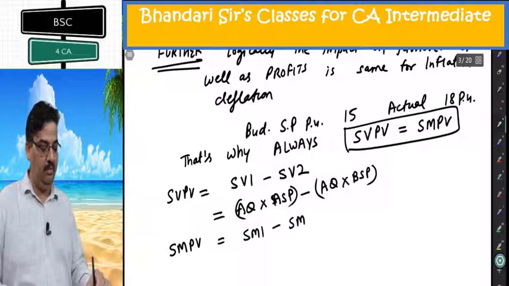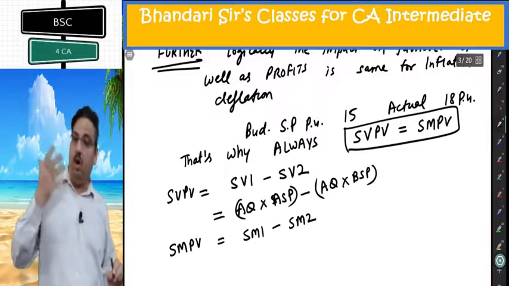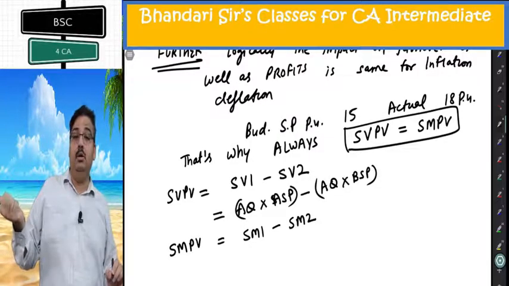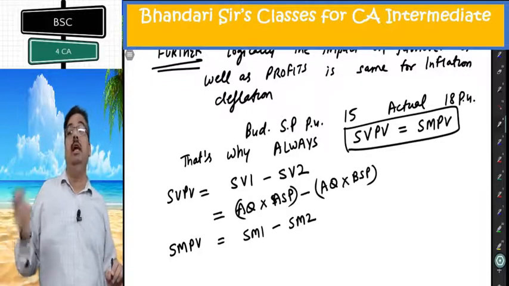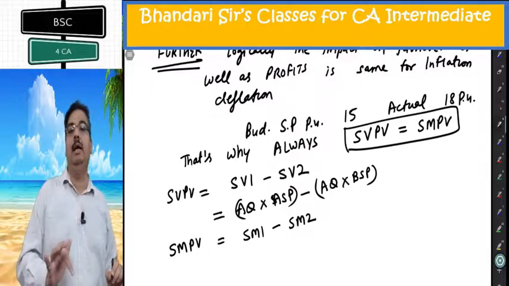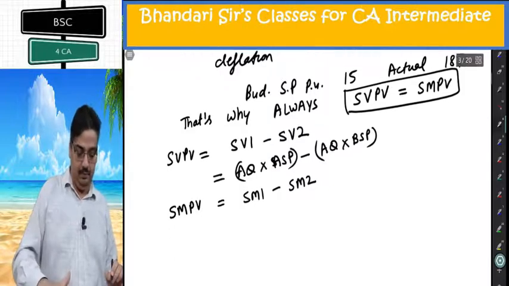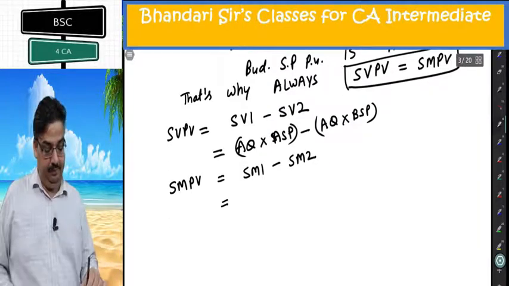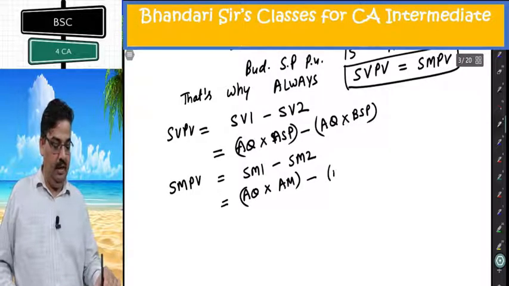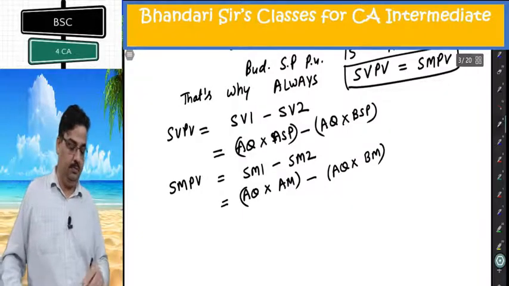SM1 minus SM2. This derivation I have not done earlier, but I checked in all questions we did that price variances were same in value and margin category. Here I am proving it mathematically. It is always correct. What is SM1? Actual quantity into actual margin minus actual quantity multiplied by budgeted margin.